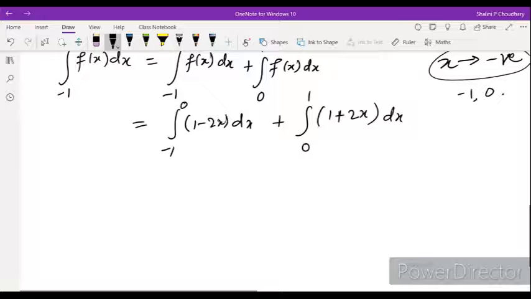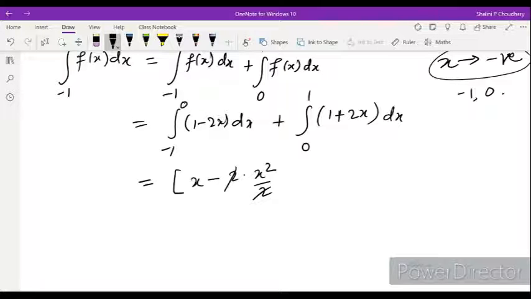So what value are we getting? Let's see. By integrating 1 with respect to x, we'll get x, and minus 2 into x; when we integrate x with respect to x, we'll get x squared upon 2. So the 2 cancels, and this is from -1 to 0.